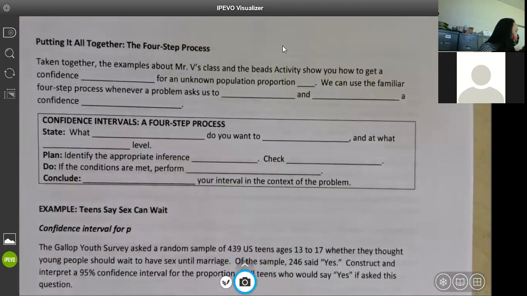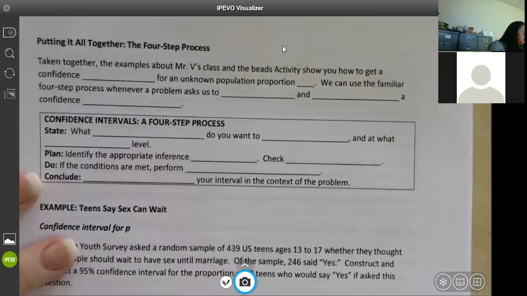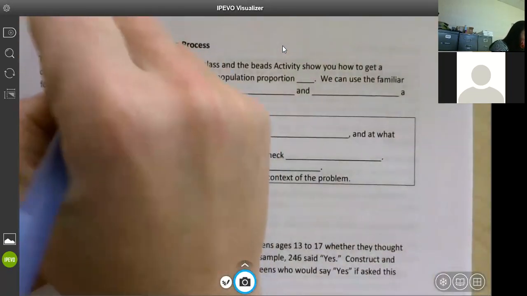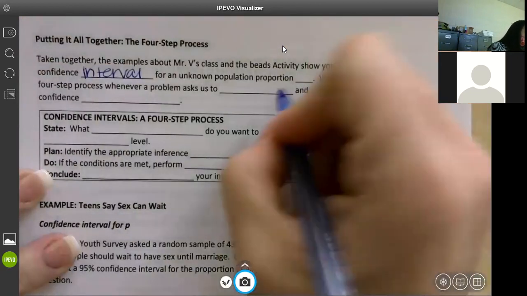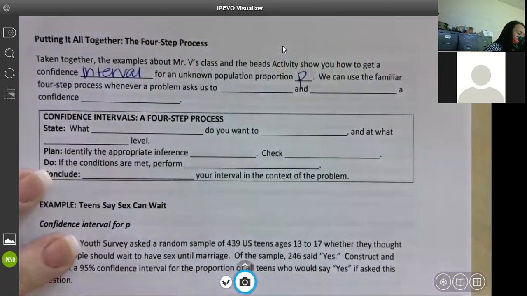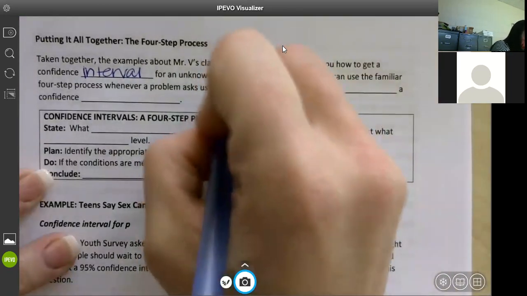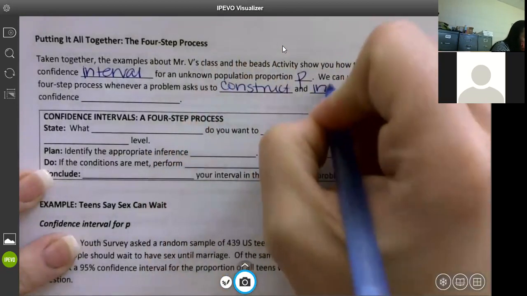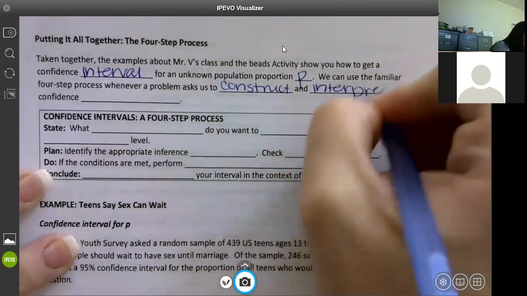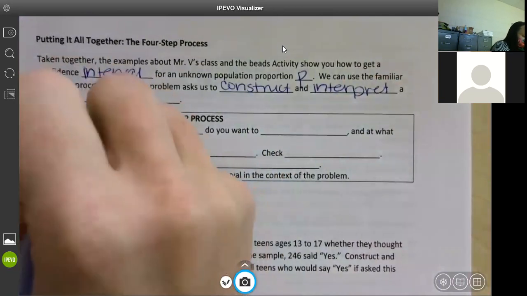Clearly. All right. Taking together the examples about Mr. B's class and the B's activity, we show you how to get an inference interval, or a confidence interval, sorry, for an unknown population proportion P. We can use the familiar four-step process whenever a problem asks us to construct and interpret a confidence interval.